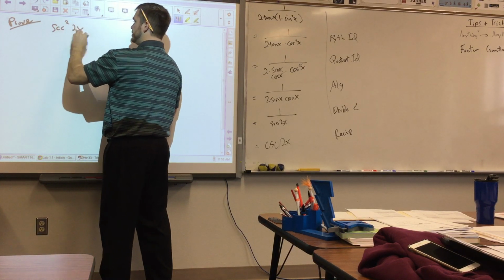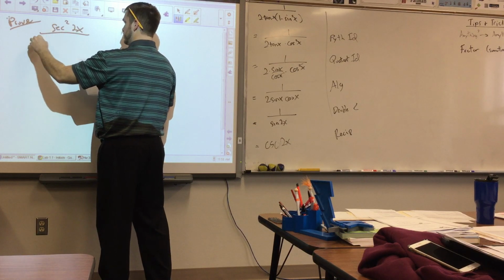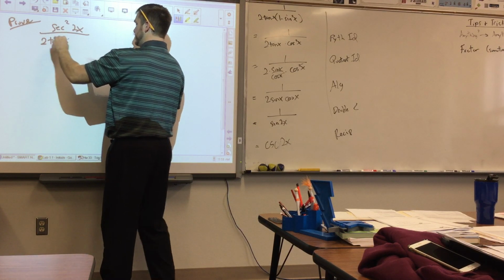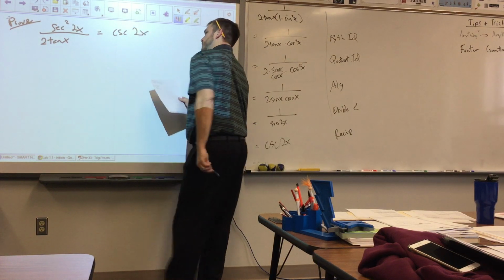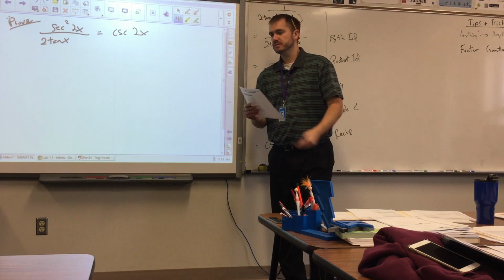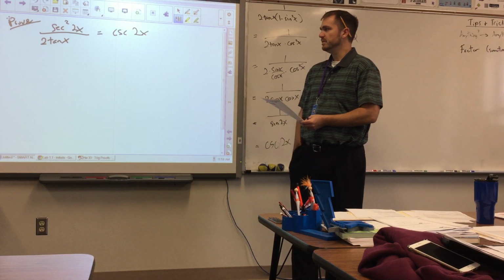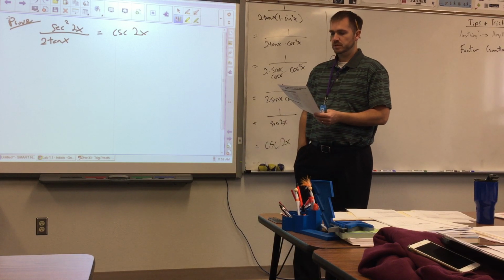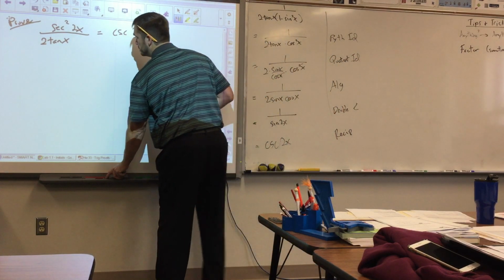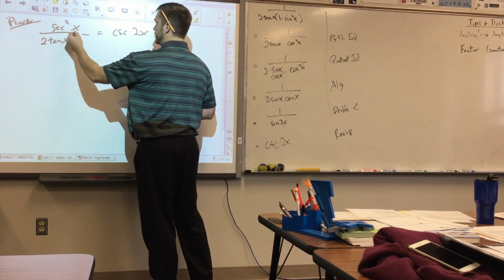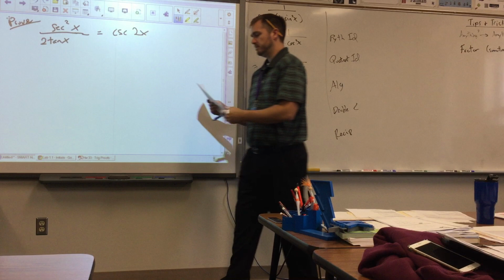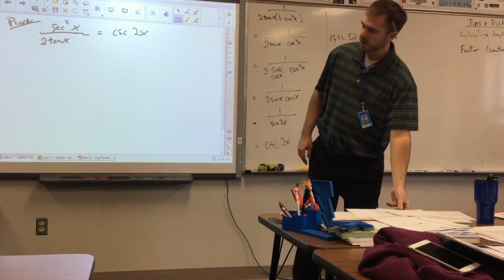Secant squared of 2x over 2 tangent x equals cosecant of 2x. Oh, hold on. Just secant squared x, thank you. All right.